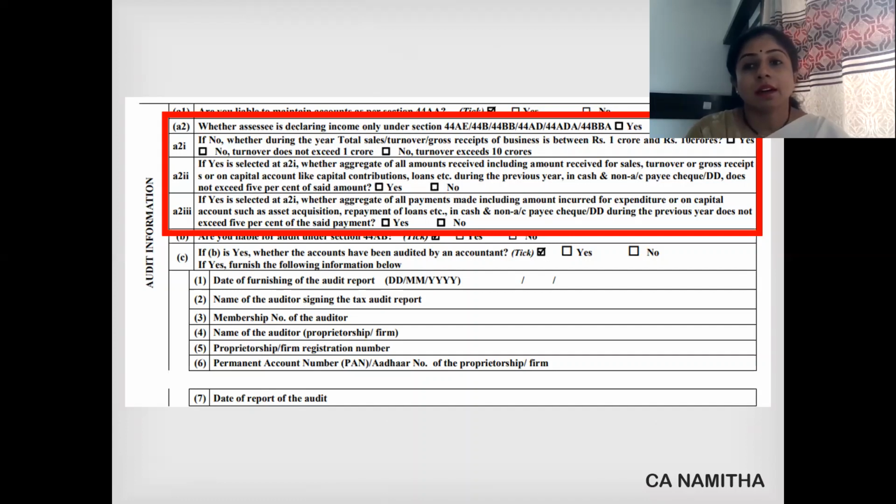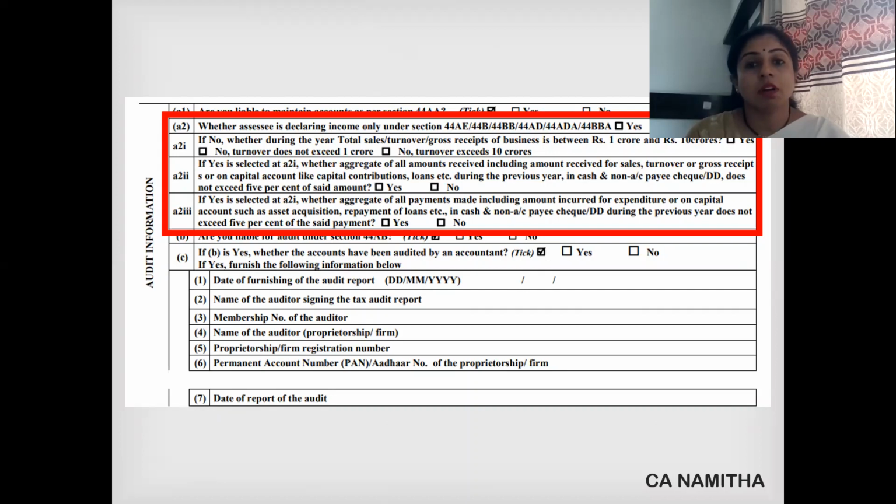In the earlier returns, the 5% cash receipts or payments did not include the checks or DD which are not account payee. Now in this new return, the 5% limit includes such non-account payee checks or non-account payee DD.